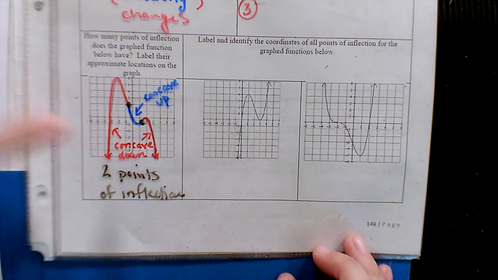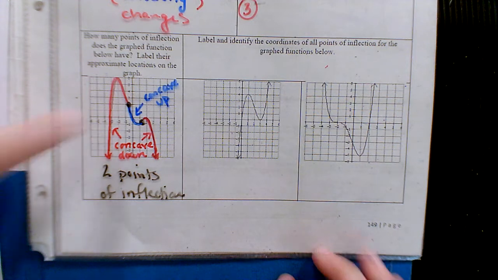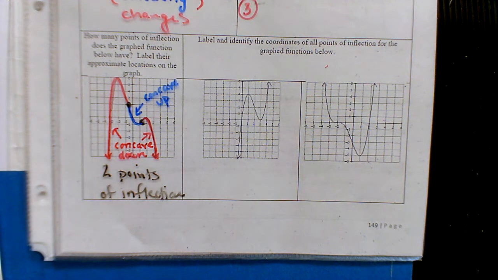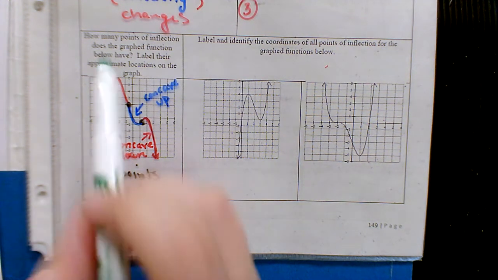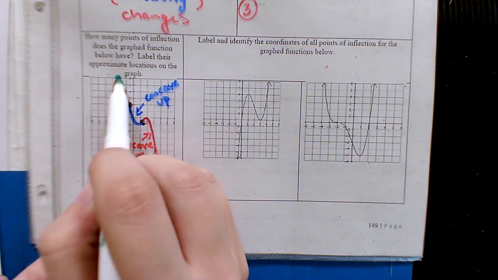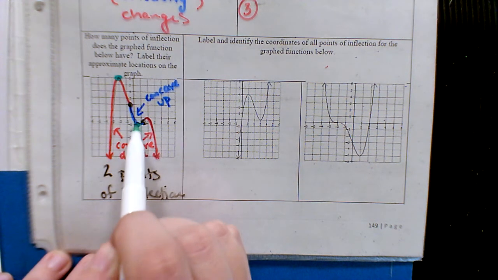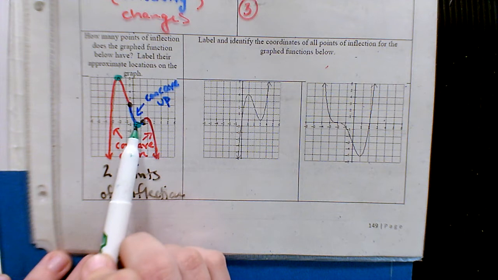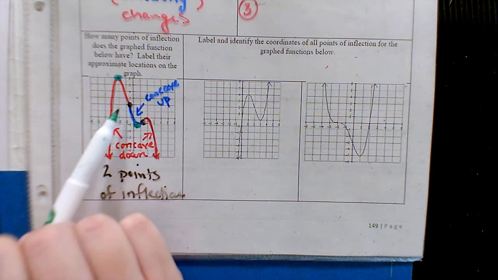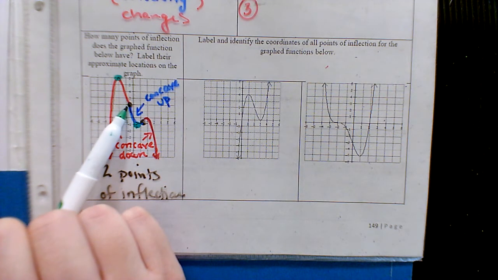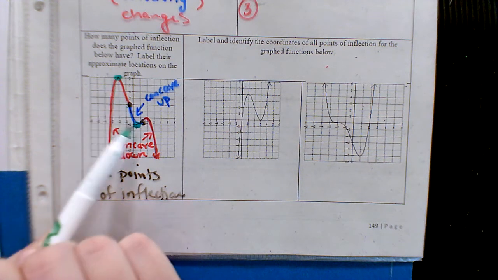One of them I think is actually pretty apparent based off of this graph that we just did here. From yesterday we talked about maxes and mins. So notice how we have a maximum at this high spot and a minimum at this low spot. Can you kind of describe where this point of inflection is in relation to the max and the min?